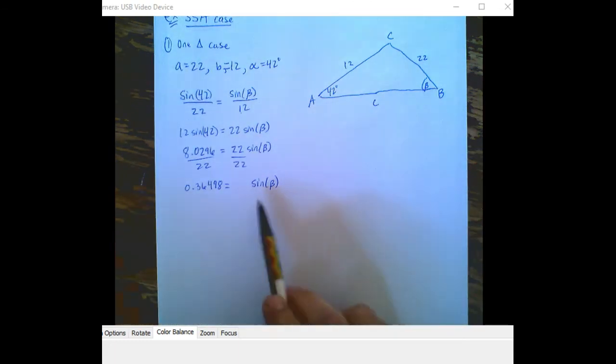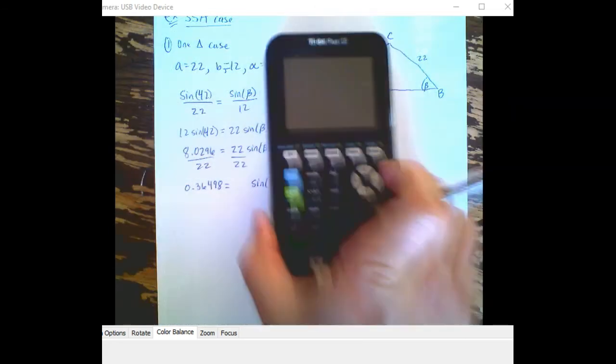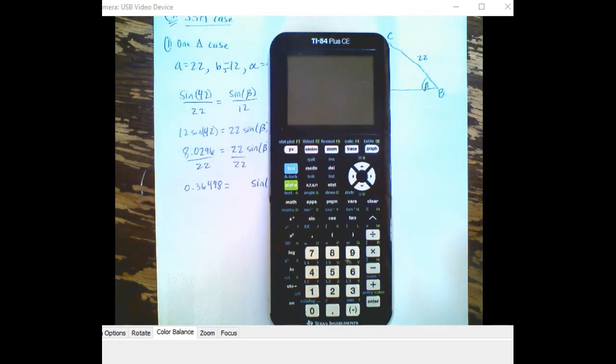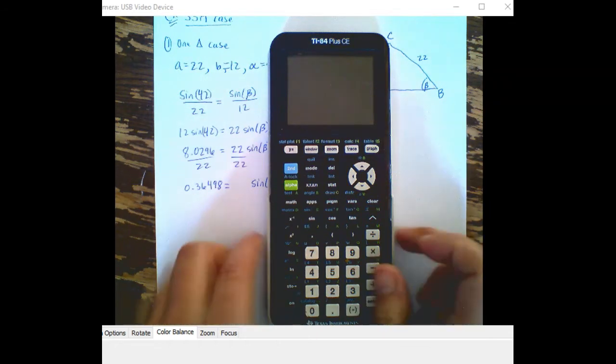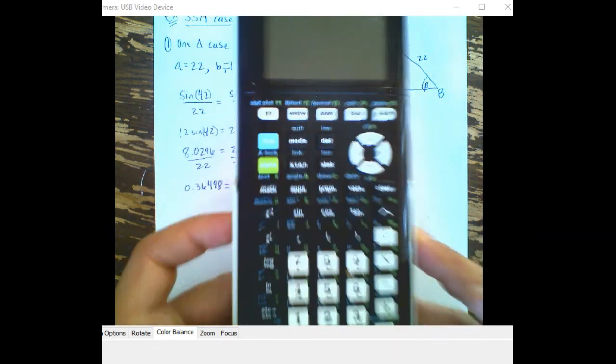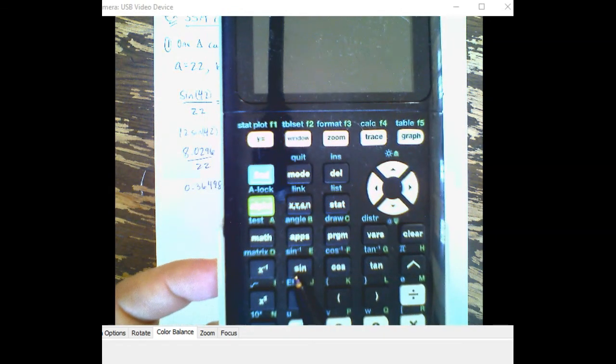We haven't really dealt with how we get rid of this sine. Note that this is not the sine times beta, it's the sine of beta, so it's a different operation all to itself. We can't just divide by sine, because we have to divide by some number, and sine is not a number. On any scientific calculator, right above the sine key you'll see the sine to the -1.